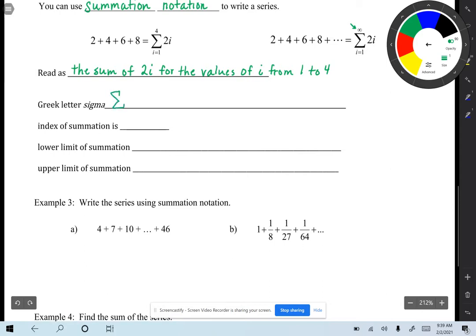Like that. The index of summation is I, but it could be anything. So N, K, whatever. The lower limit of summation is the starting point. So the bottom number is the starting point. And the upper limit of summation is the ending point. If there is an ending point; if it's infinity, then there isn't, but it's still the ending point.